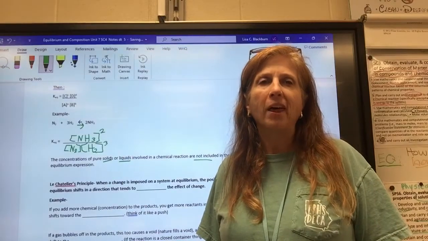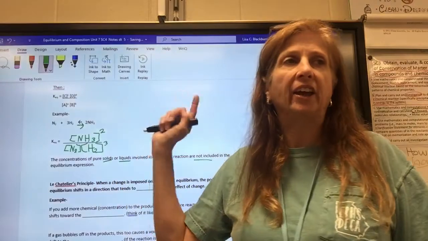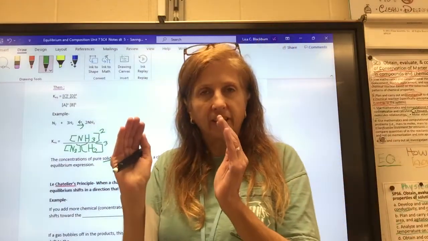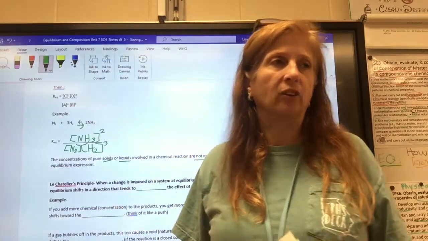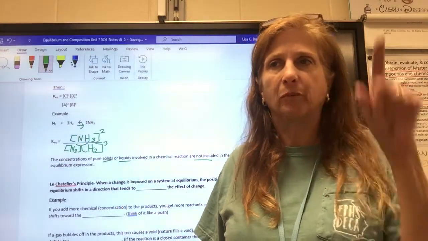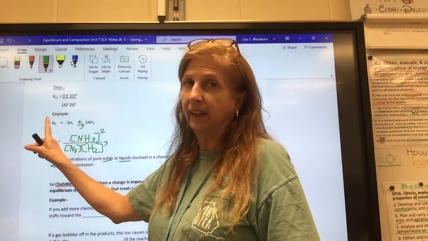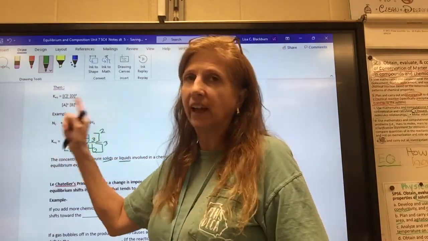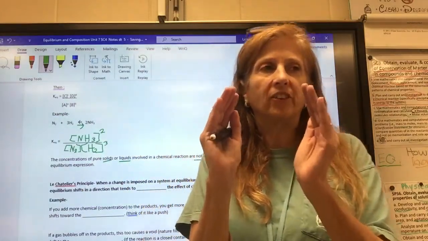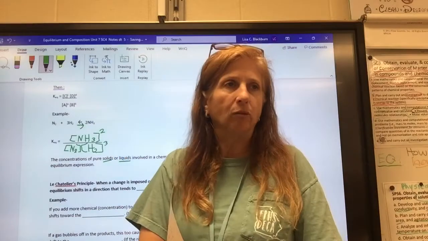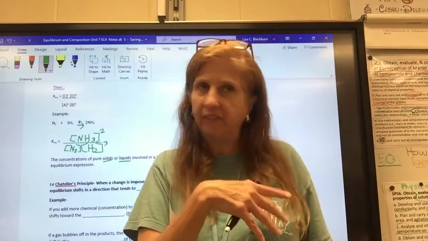You know how we learned that you could tell the state of matter in lowercase letters in parentheses after the reactant or product? Remember that test before last on reactions? If in little parentheses after the element it's got a lowercase s, that means it's a solid, and you just leave that one out. If it's got a little l, that means it's a pure liquid, you just leave that out.